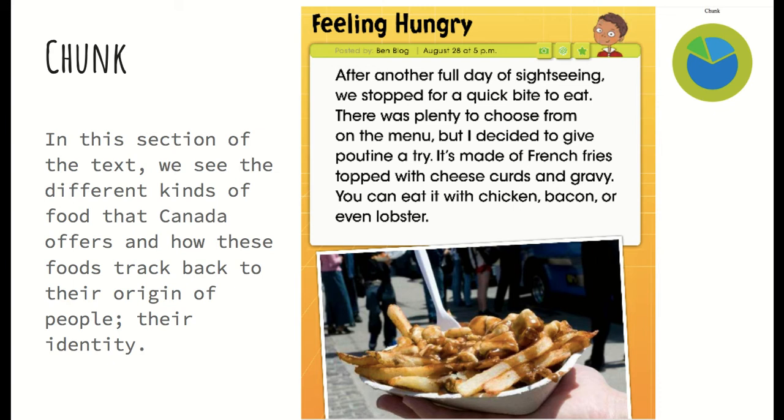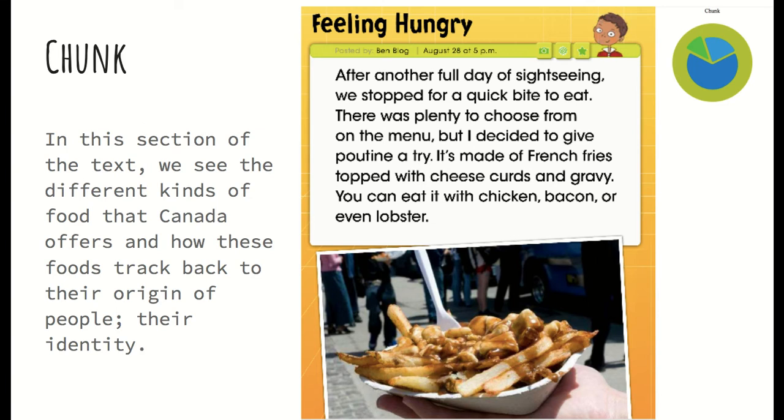In this section of the text, we see the different kinds of food that Canada offers and how these foods trace back to their origin of people, their identity. In this section, it's called Feeling Hungry. After another full day of sightseeing, we stopped for a quick bite to eat.